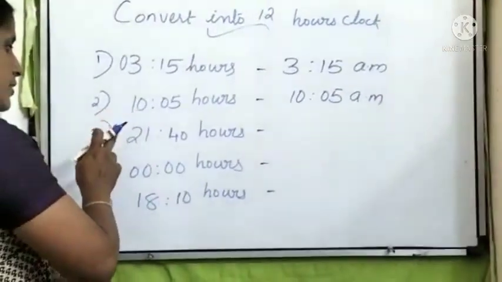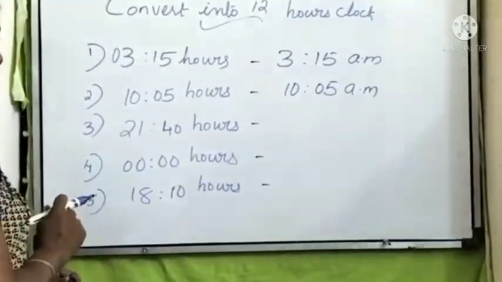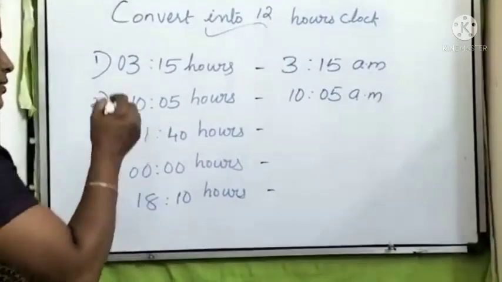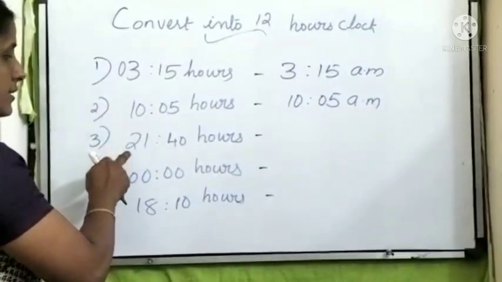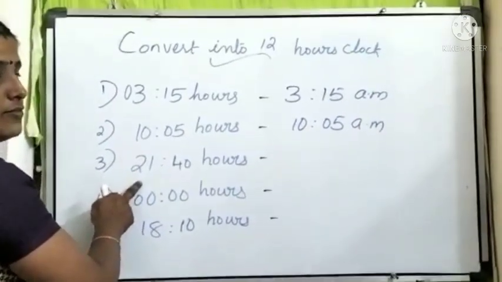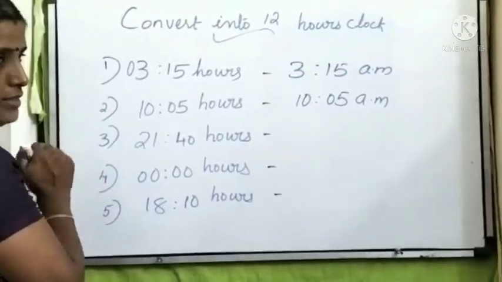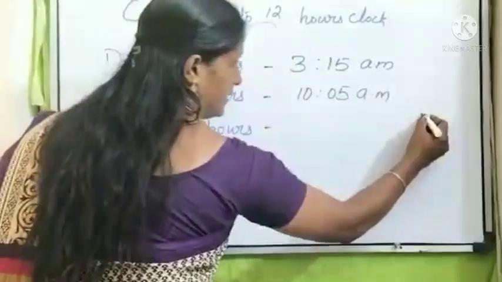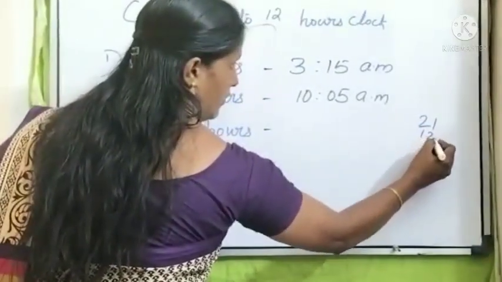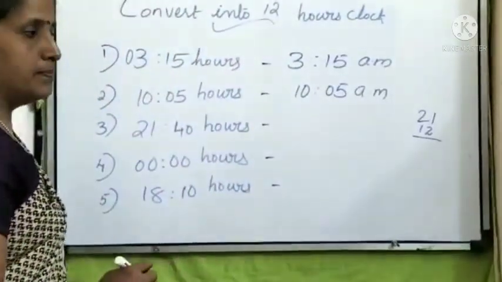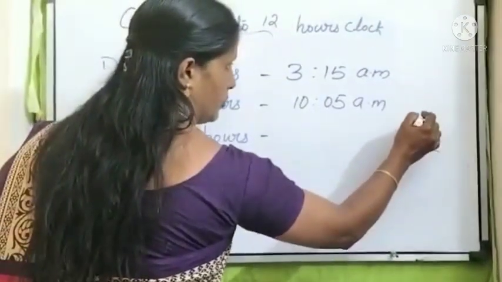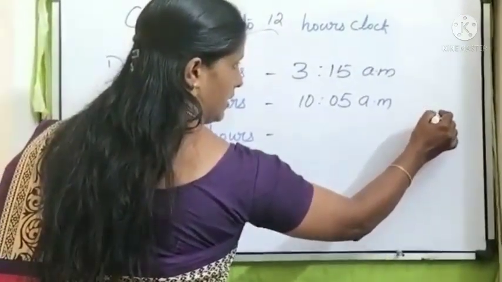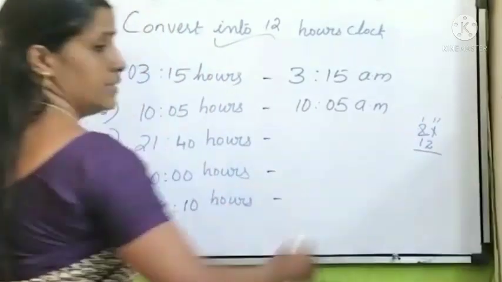And 21 hours and 40 minutes. So how can we mention it here? Here we subtract 12 from 21. 21 minus 12. What is the answer? Borrowing, 2 becomes 1 and 1 becomes 11. 11 minus 2?